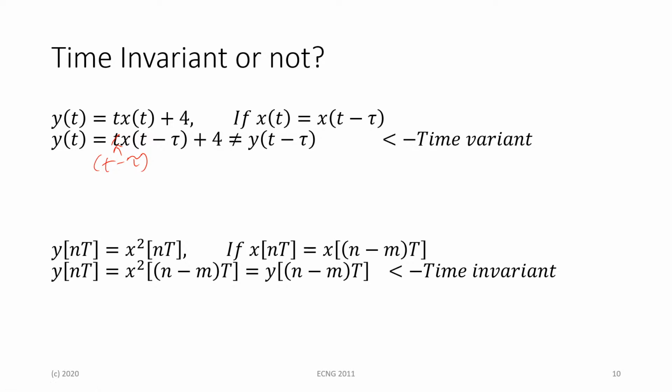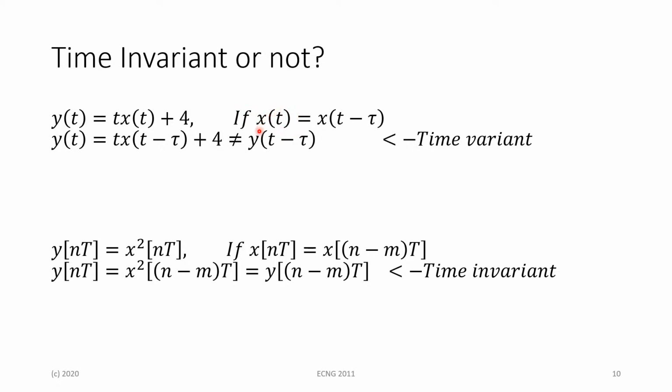So if we had that mapping there for t, we would have been okay. But because we're watching the mapping only for x of t in particular, that means that this mapping for t does not exist. And as such, we can't prove a direct mapping for y of t minus tau, because we only observe the substitution for x of t.